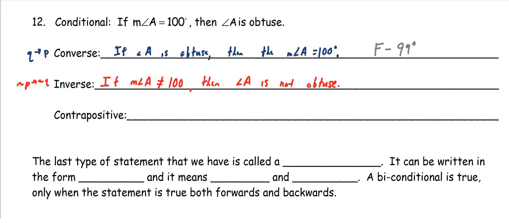This statement is also false because it could still be obtuse depending on what angle A actually is equal to. So this is false because we could still have obtuse angles if it's not 100 degrees.